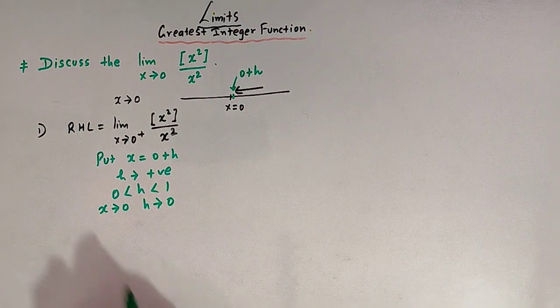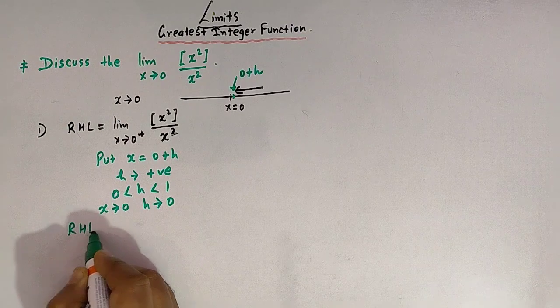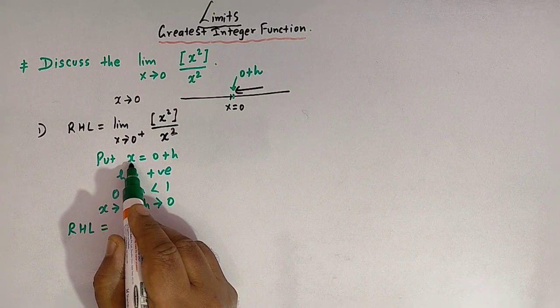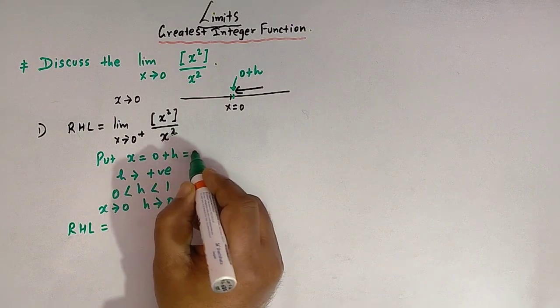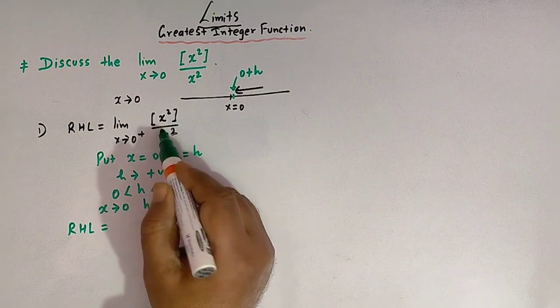Now let us write this limit in terms of h. We have x is equal to 0 plus h, which can be written as simply h, so we'll replace x by h.